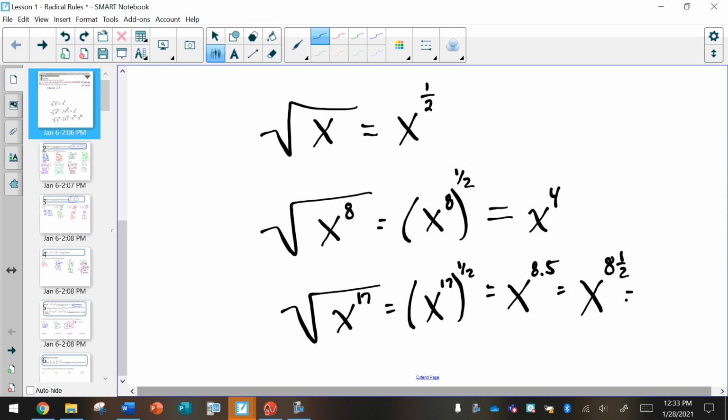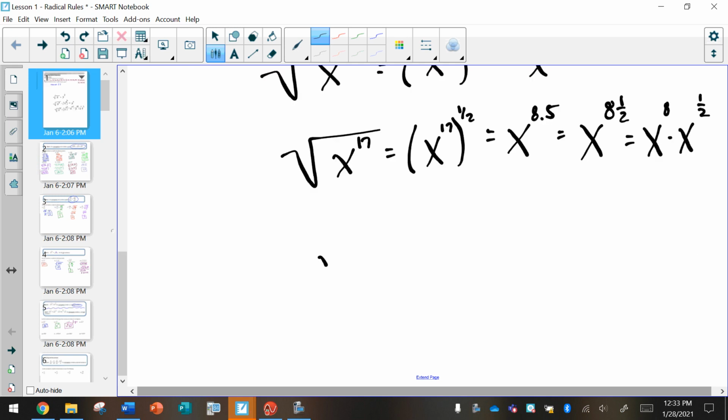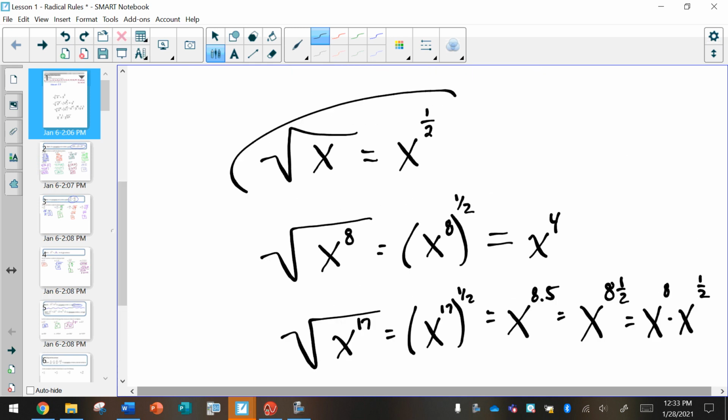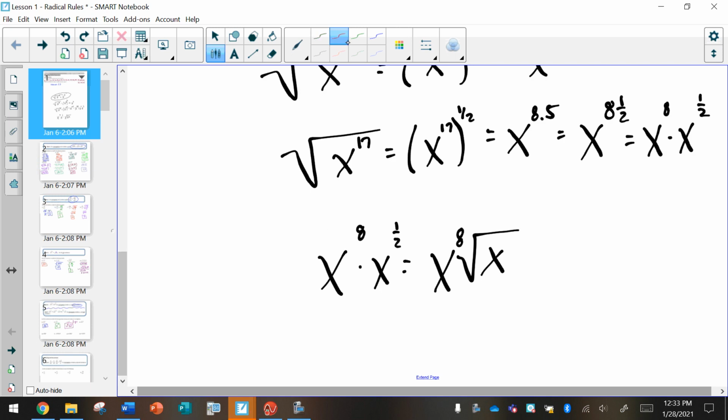That is the same thing as saying x to the 8th times x to the 1/2. And if we go back to where we started, x to the 8th times x to the 1/2 would be x to the 8th times the square root of x, because x to the 1/2 is the square root of x.